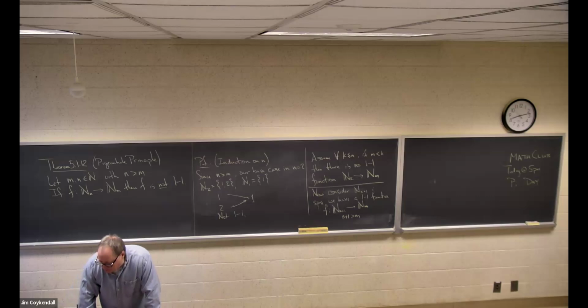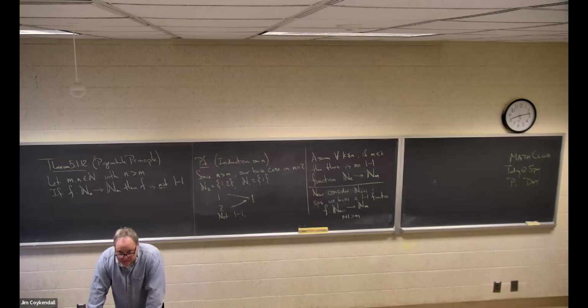Suppose that we actually have some one-to-one function from N sub n plus one to N sub m. And what we're doing, of course, is we need a contradiction.